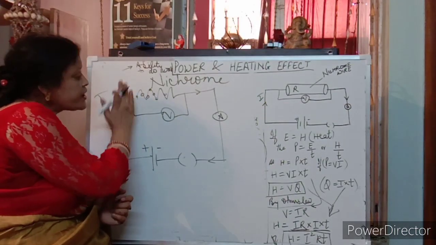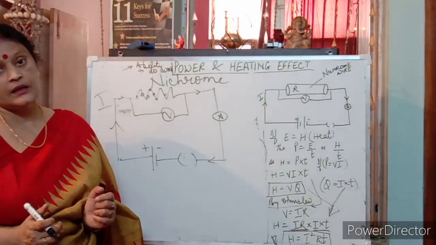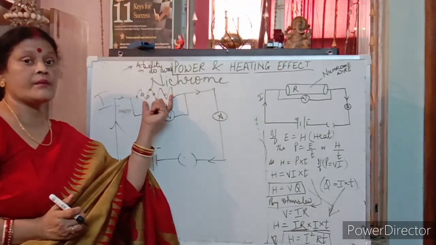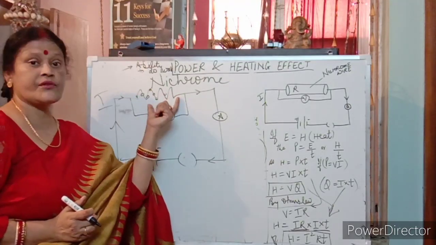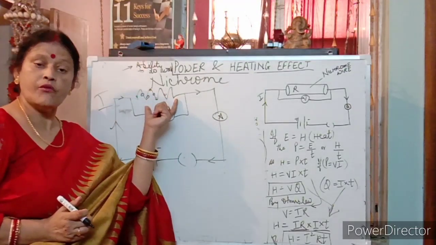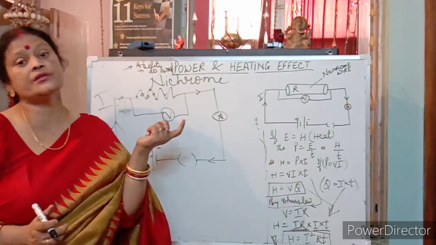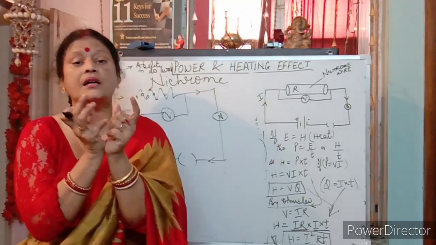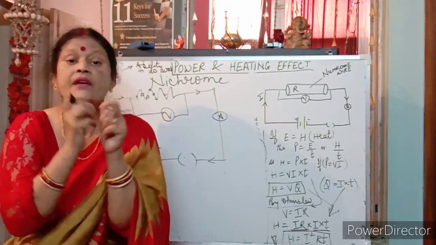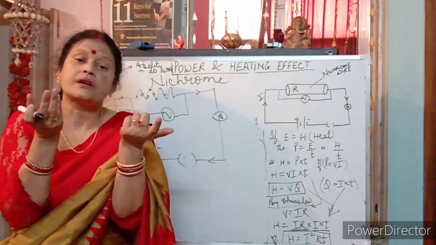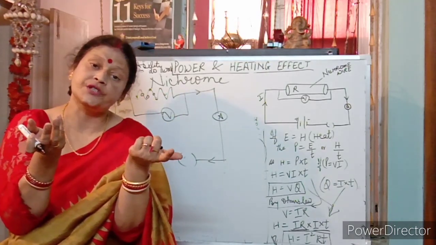It tries to overcome this resistance. So when it is trying to overcome it, the electrons present in this resistance wire will move faster and the collision of these particles will start. That creates energy.